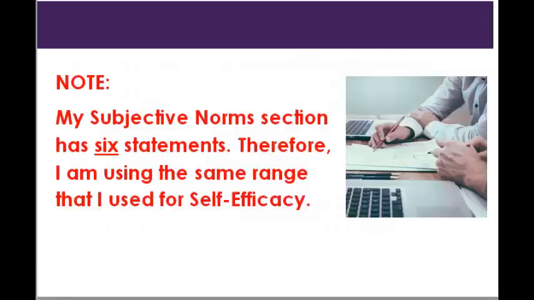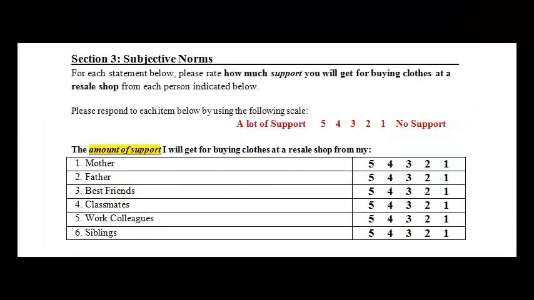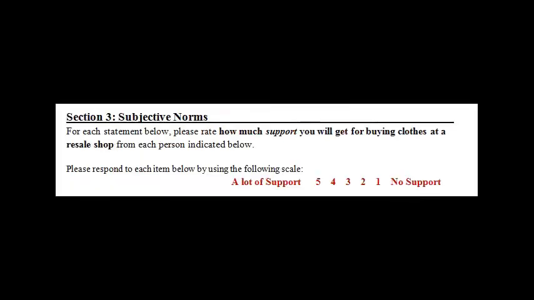Now notice that my subjective norms section had 6 statements. Therefore, I'm using the same range that I used for the self-efficacy section, because it too had 6 statements. If you look, the scale runs from 5 to 1. So depending on the number of statements you have will determine your range, just like it did with self-efficacy.